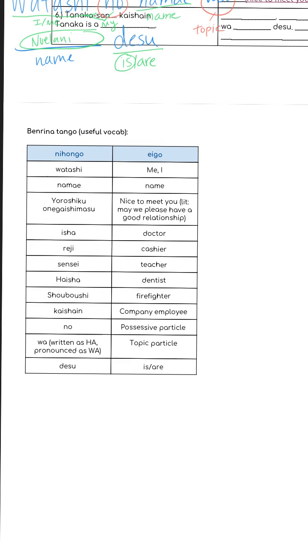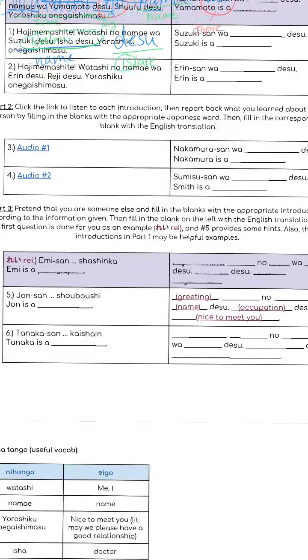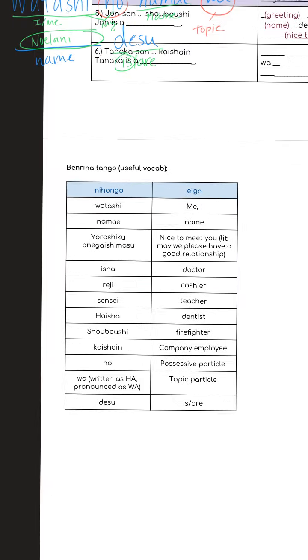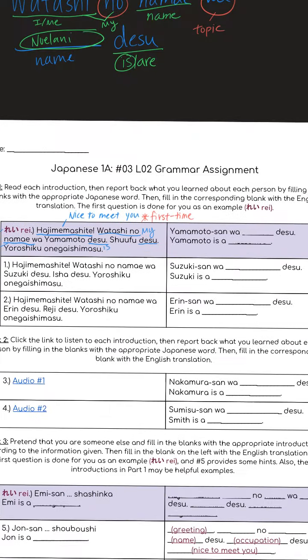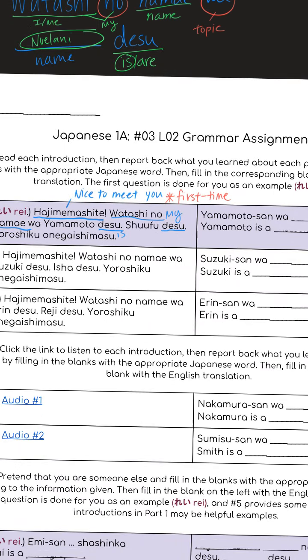So, oops, I don't have it in here, but for all the other questions, the benrina tango will be here for you. But for the example, the rei, on the original grammar document, these will be there. I just erased these on my app. That's why I didn't put it in. Anyway, shufu means housewife.